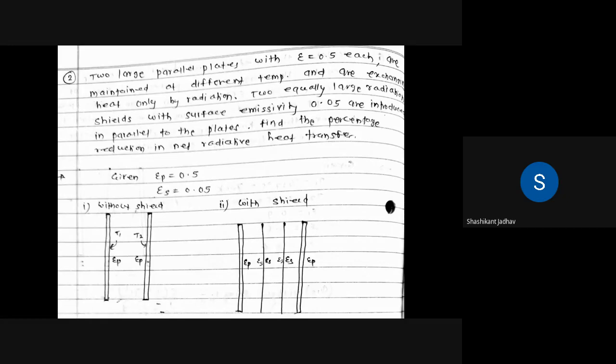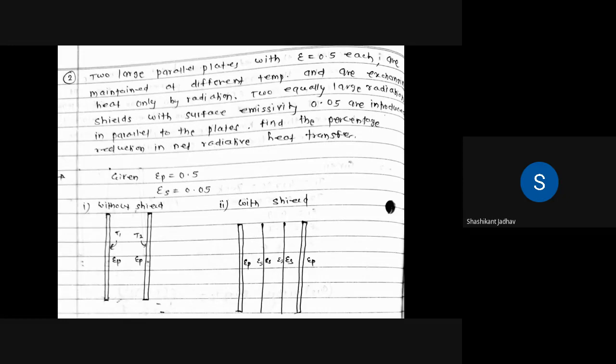What about others? If we understand the concept of the radiation shield, then it is a very simple problem. We have to change the denominator for the Q with shield only. The remaining parameters will be the same. The numerator is the same for both formulas: Q without shield and Q with shield, sigma into T1 raised to 4 minus T2 raised to 4.